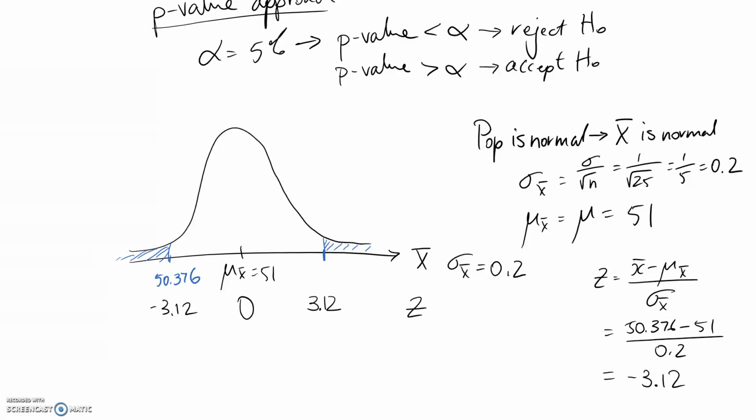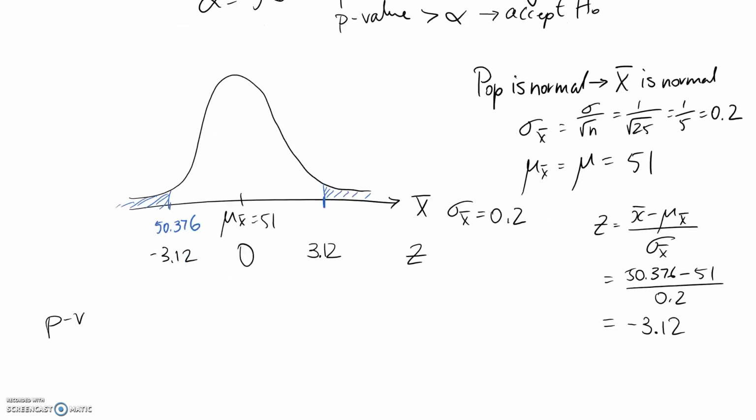So we can write out our statement. The p-value is going to be the probability that X bar is less than 50.376. And because we know that it's symmetric, whatever this probability is, it's going to be equal to that part.